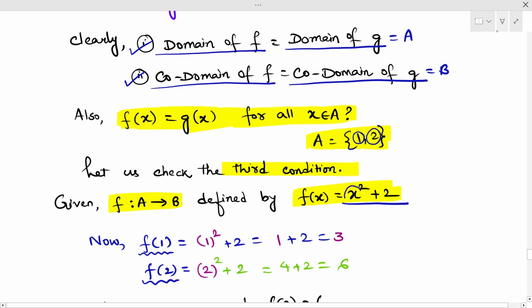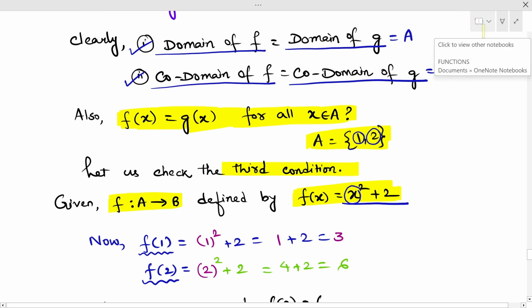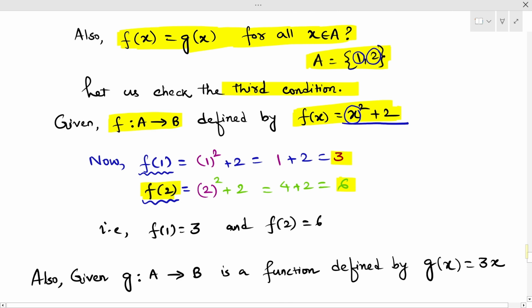So in place of x, if we want to calculate f of 1, we have to put 1 in place of x. So f of 1 becomes 1 square plus 2, which gives 1 plus 2 as 3, and f of 2 as 2 square plus 2, which is 4 plus 2 as 6, right? See, f(1) is 3 and f(2) is 6. We have just found out.